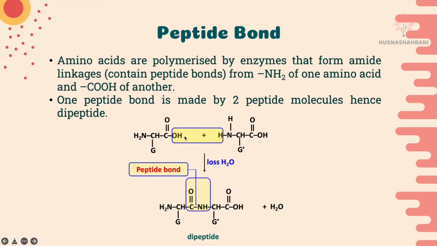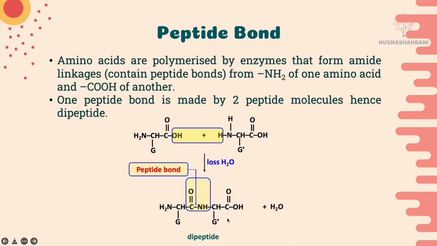So there will be loss of H2O because we remove OH from the carboxylic acid part of one molecule and the hydrogen from the amino part of the other. Between this carbon where you remove the OH and this nitrogen where you remove the hydrogen, a peptide bond will be formed. This is the peptide bond.